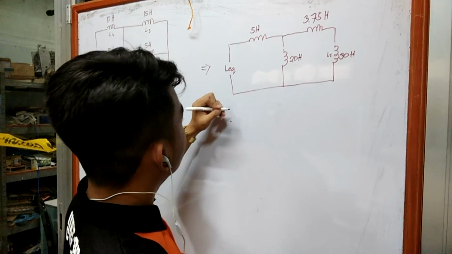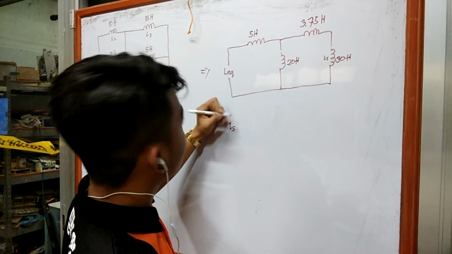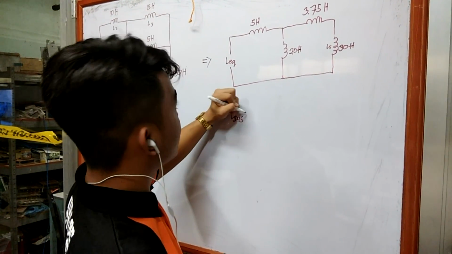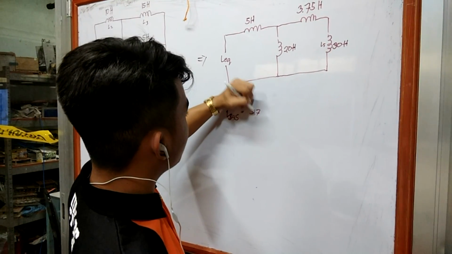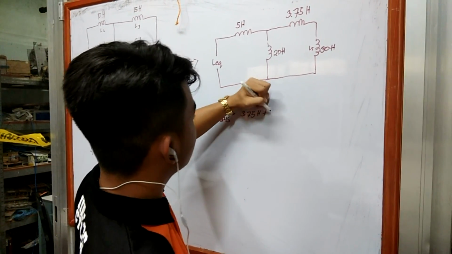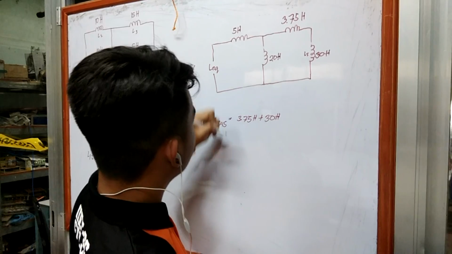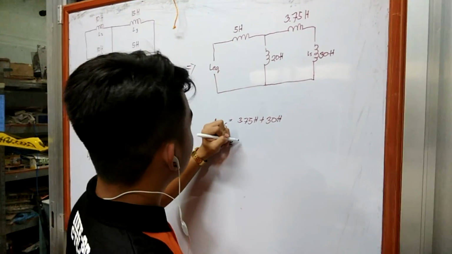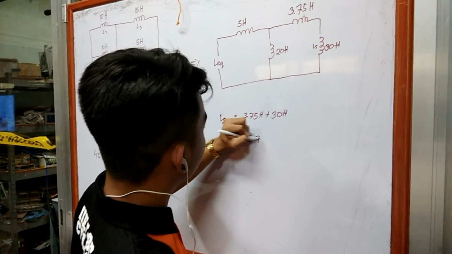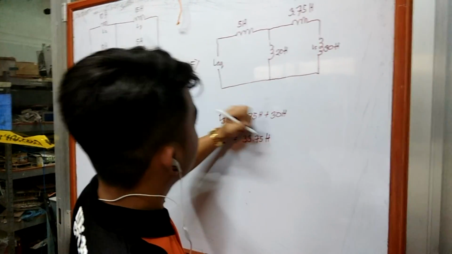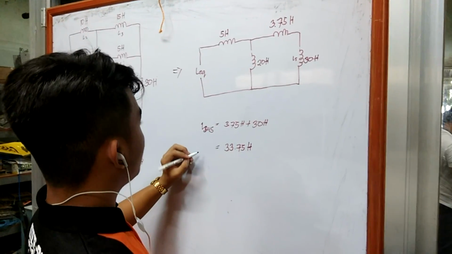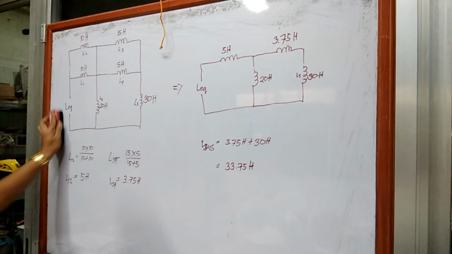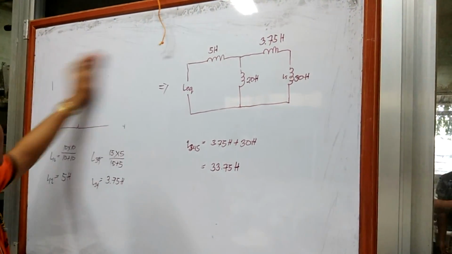So L3,4,5 is equal to 3.75 henries plus 30 henries, equals 33.75 henries. After that, we will come up with a new circuit.